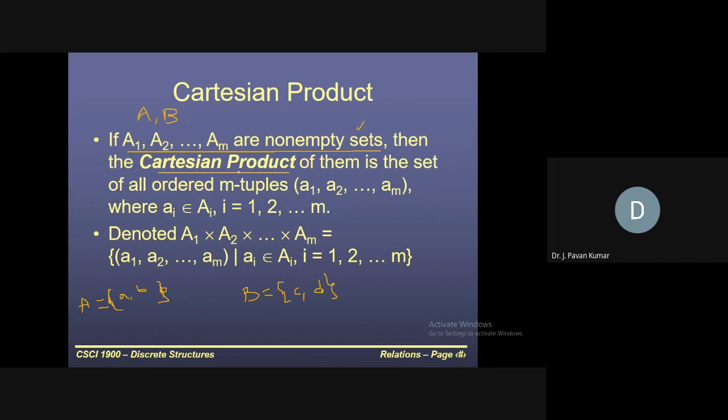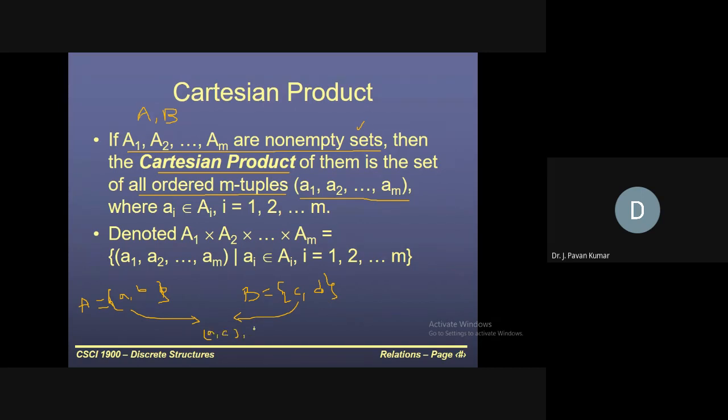Then the Cartesian product of them is the set of all ordered m-tuples (a1, a2, a3, and so on, am) like this. It is nothing but we take one element from this set and one element from that set, and then we obtain a pair, (a, c).